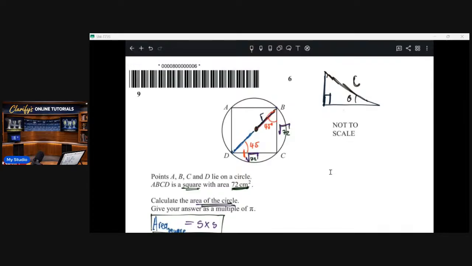You want to find this x. To get x, it's L cos theta. L times cos theta gives you the one on the ground. To get the one which is straightened up, you say L times sine theta. You get the one which is facing upwards.